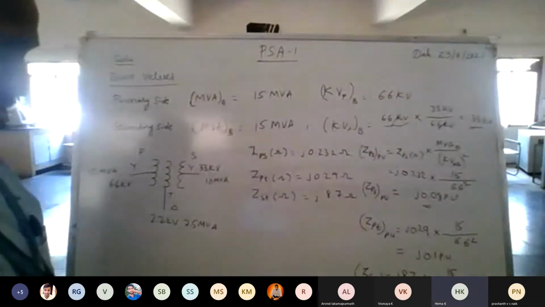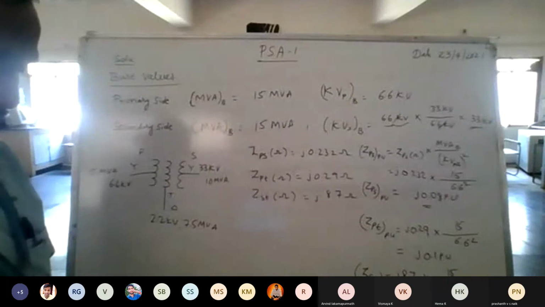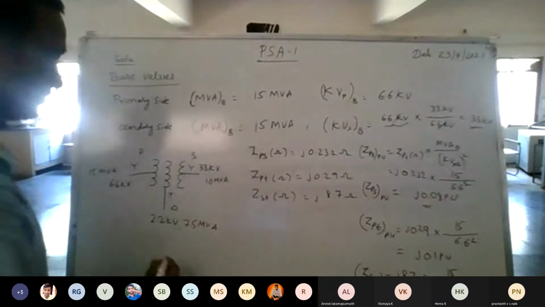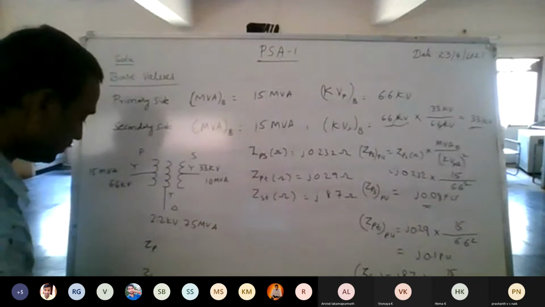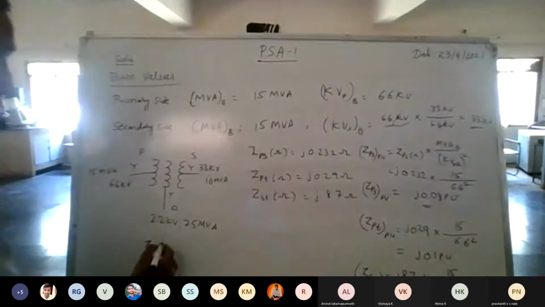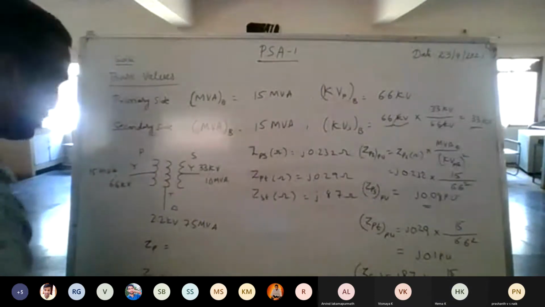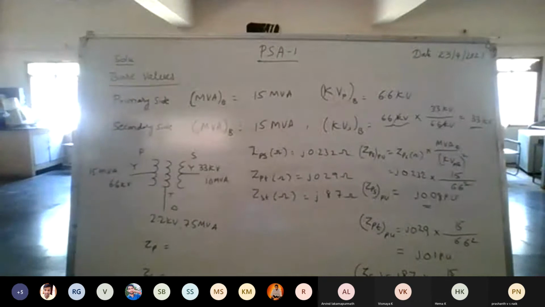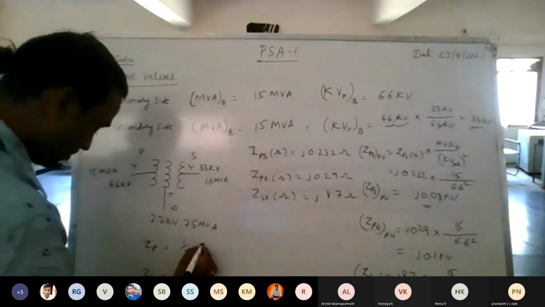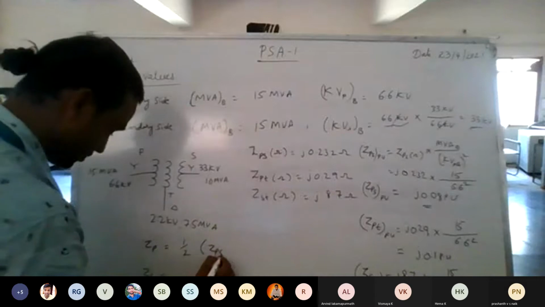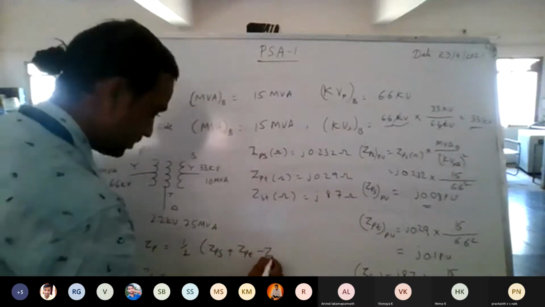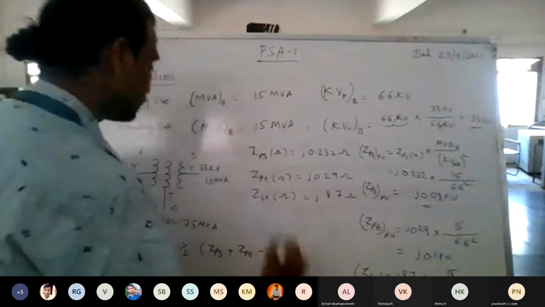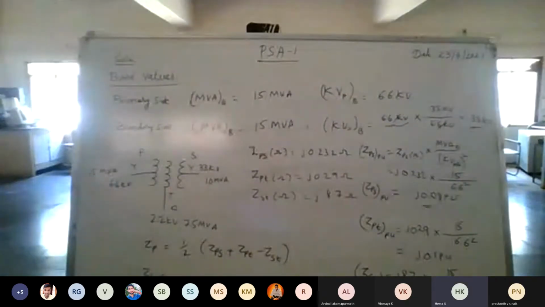So now we need to calculate ZP, ZS and ZT values. What is the equation for ZP, ZS and ZT? ZP is given as half of ZPS plus ZPT minus ZS, correct?